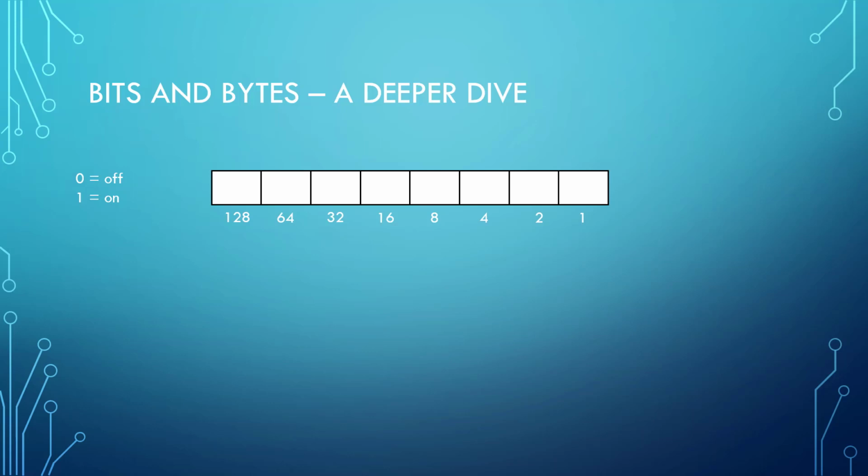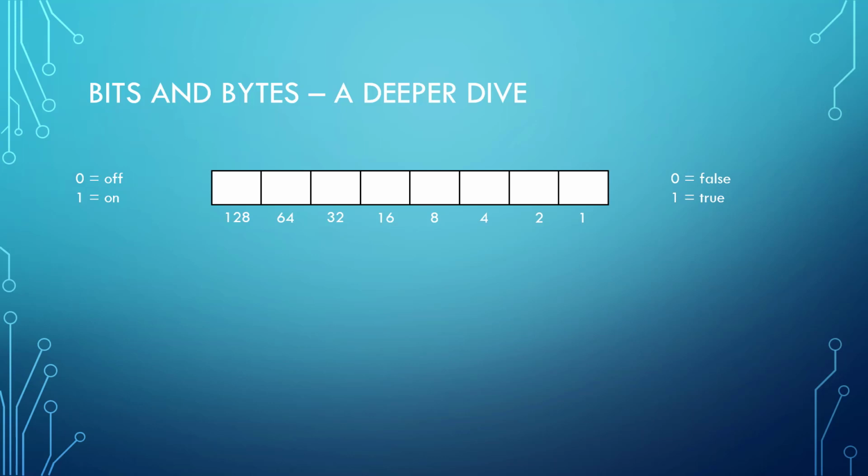If we were to put a 0 in each of these individual bits, we would have a binary value in each of the bits, but they would all be switches that are turned off. So think of them as being turned off if it's a 0. Another way to think about it is a 0 is false and a 1 is true.